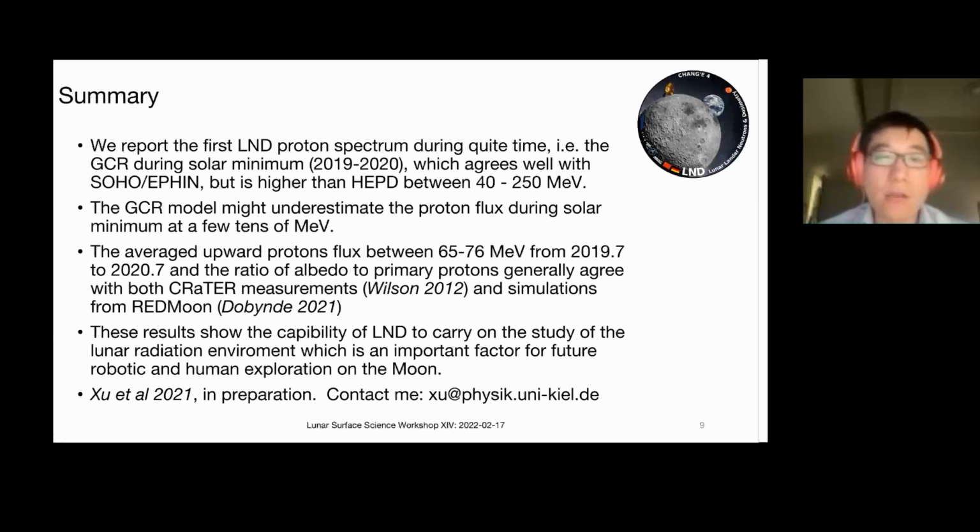These results show the capability of LND to carry on the study of the lunar radiation environment, which is an important factor for future robotic and human exploration on the Moon. That's all. If you have any questions, please contact me via email or just ask me.